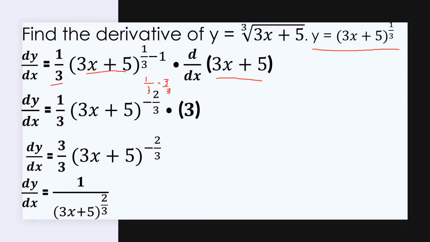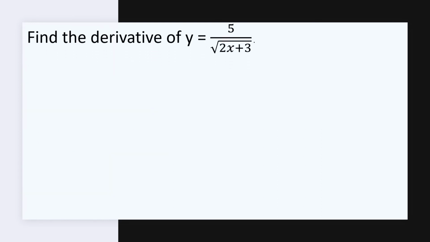Another example. Find the derivative of y equals 5 over the square root of 2x plus 3. What are you going to do now? 2x plus 3 is raised to the power of 1/2, and moving it to the numerator it becomes negative 1/2.